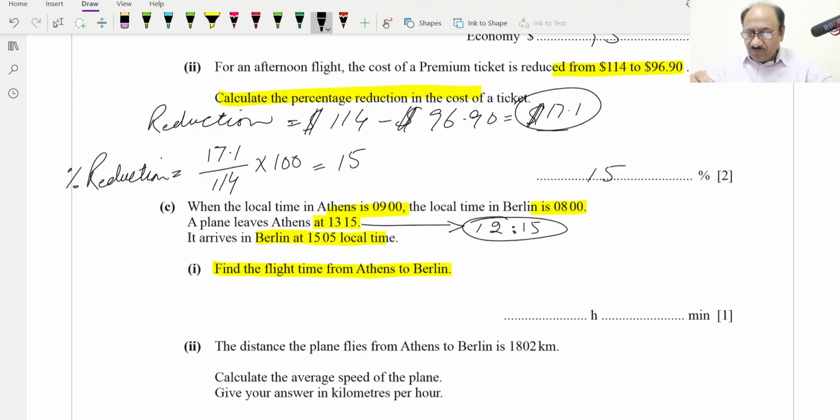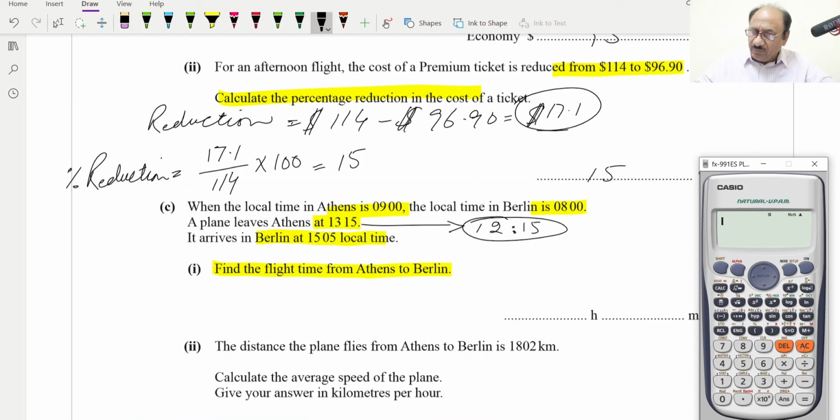This is basically a difference, and time calculation we are doing very easily by the help of calculator. So we can write 15 hours and 5 minutes minus 12 hours and 15 minutes, which we have calculated will be the time in Berlin, and this will be 2 hours and 50 minutes.